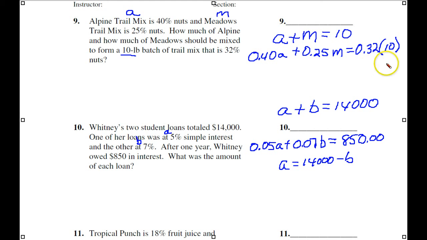So you might say, well, how do I start to solve this? Well, you're going to say A equals 10 minus M. You solve for A. And you're going to get rid of all your decimals.